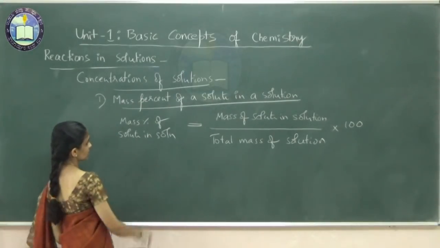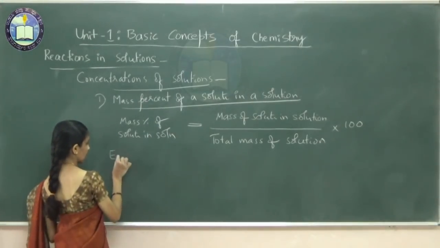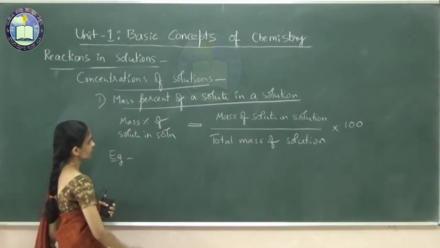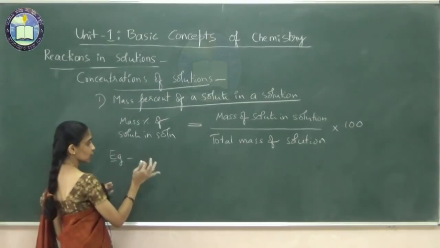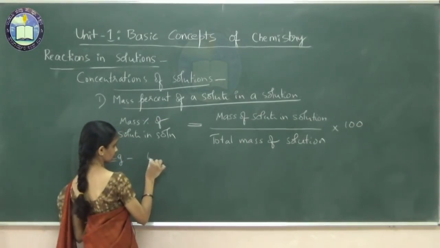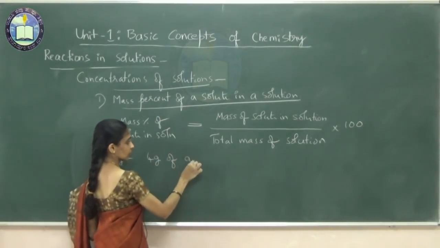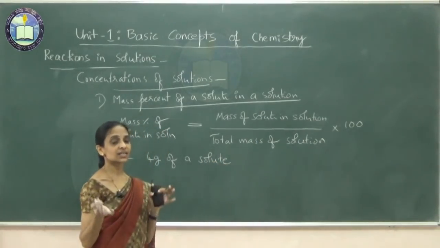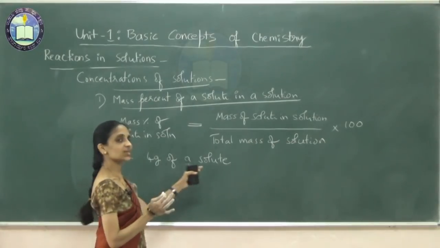Now, using this, let us work out one problem. Let's see an example. Imagine you have a solution wherein 4 gram of a solute. The solute can be anything, it doesn't matter.